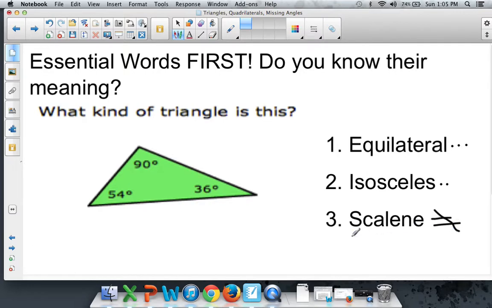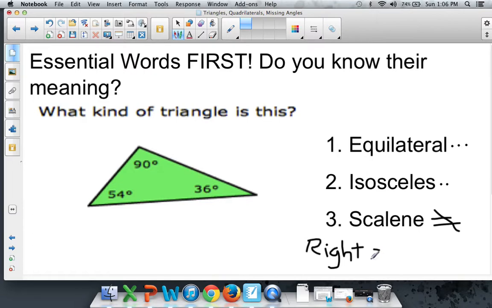But there's also a right triangle. What? There's a 4th kind of, well, sort of. I mean, it's important to know about. There's something called a right triangle. And even though I kind of kept it a secret from you until now, it's actually the easiest one to spot.